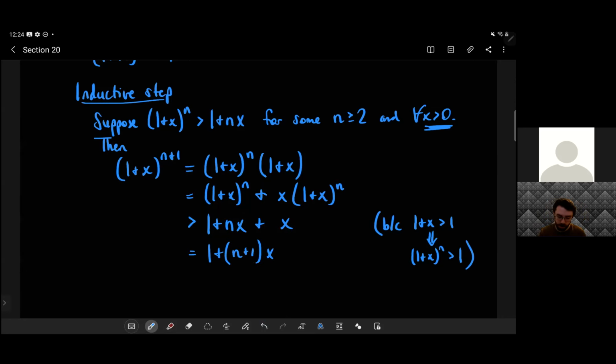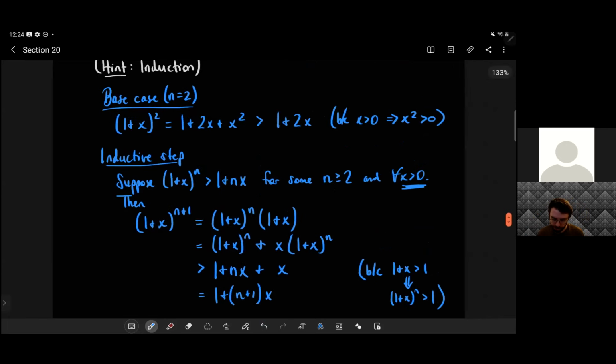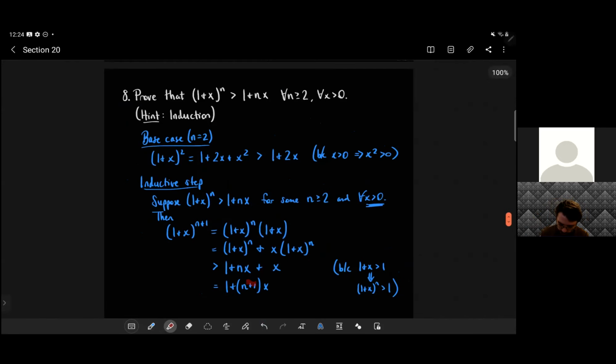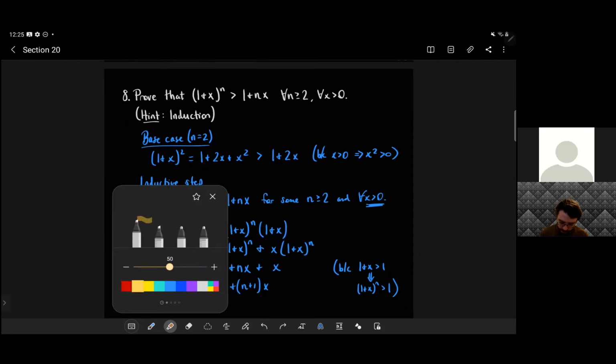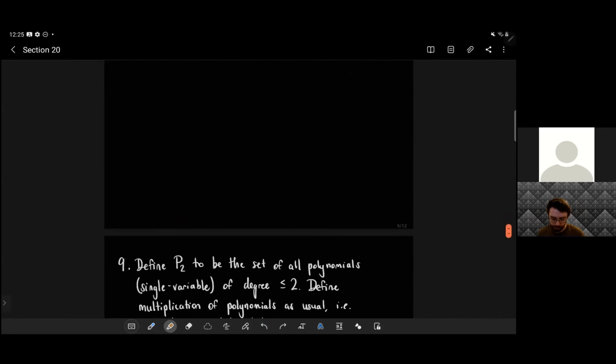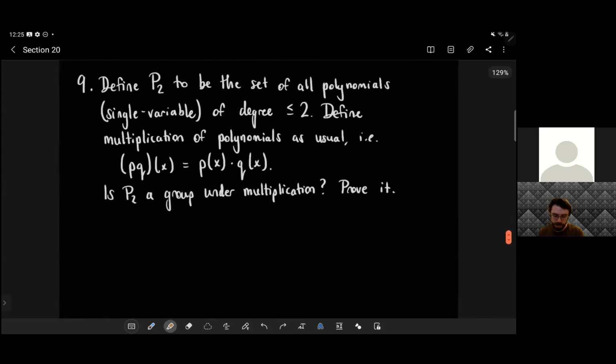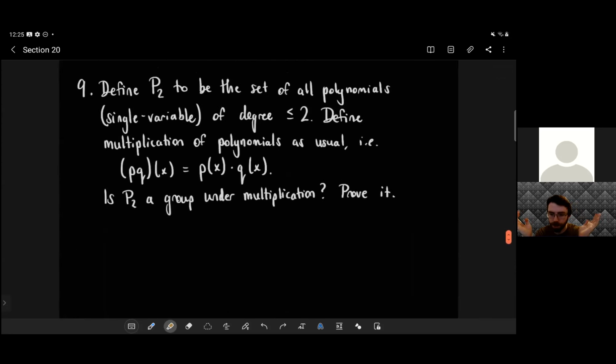Yeah, which proves it inductively. That's what you get by just replacing n's with n plus 1. So, ta-da. In case you had forgotten what induction looks like, and this one's kind of a tricky one, so there you go. All right, now we're on to the bonus problems.